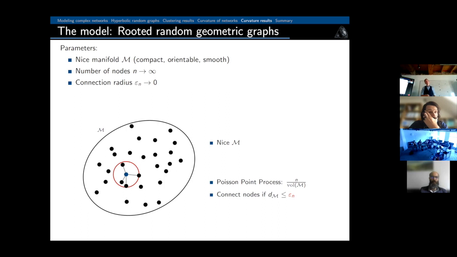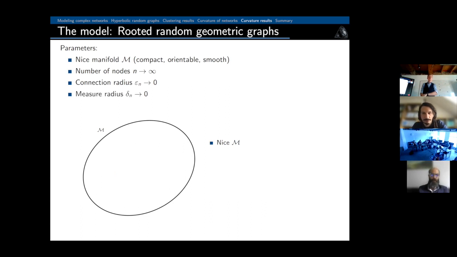But that's unfortunately not good enough to actually look at curvature, because curvature is about an edge. To make sure that you can prove something, you first need a specific edge, or a specific pair of nodes, for which you want to compute the curvature. So we introduce another parameter, the measure radius delta, which defines how far two points are from each other.